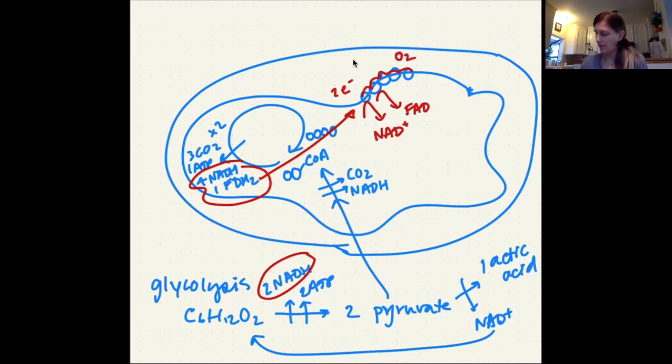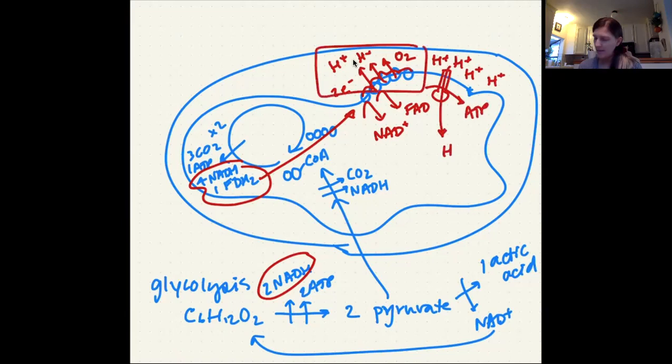And I'm going to explain that in a second. So as we do this, hydrogen is going to be pumped in, right? Filling up the intermembrane space with an electrochemical gradient. We then have a little ATP synthase where these H's are going to flow back down. And in that process, we're going to make ATP, right?